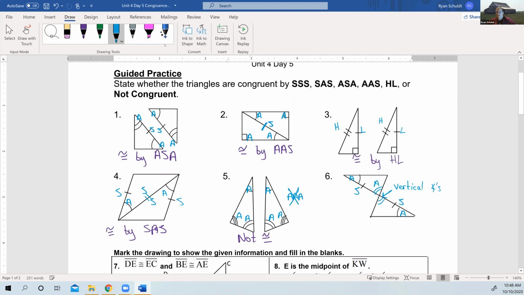So there's another angle. Which one has the side? Because now our side is squeezed in the middle. So which one has side squeezed in the middle? Angle, side, angle. These are congruent by angle, side, angle.